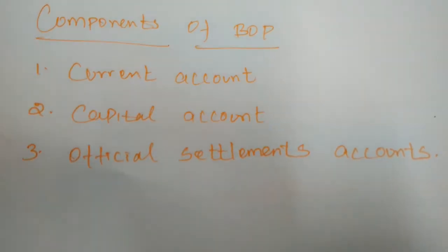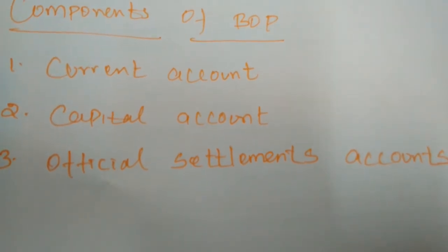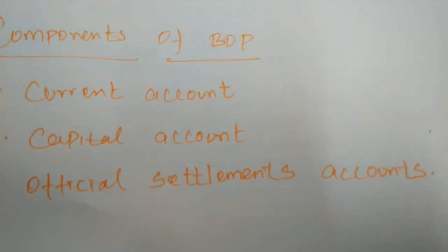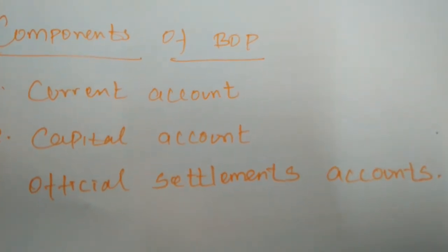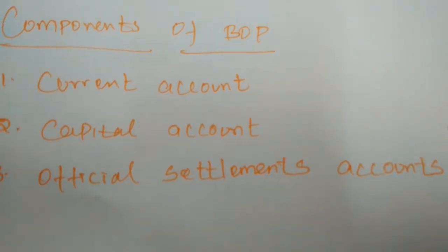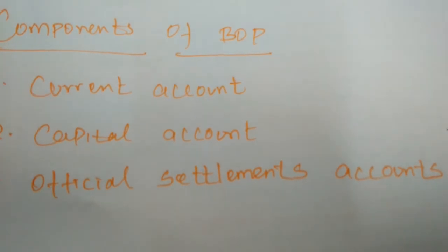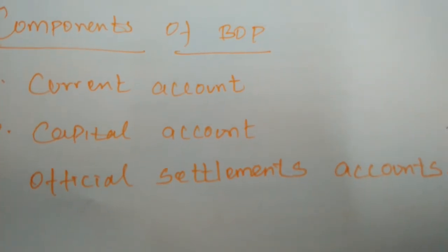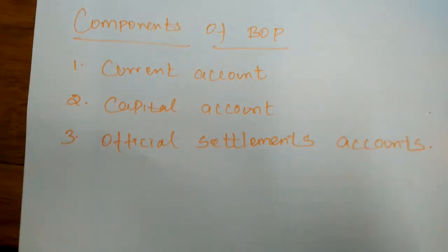The current account includes all international trade transactions of goods and services, and international service transactions, for example tourism, transportation and royalty fees, and international unilateral transfers, gifts and foreign aid. Sometimes we will get foreign aid and some gifts.